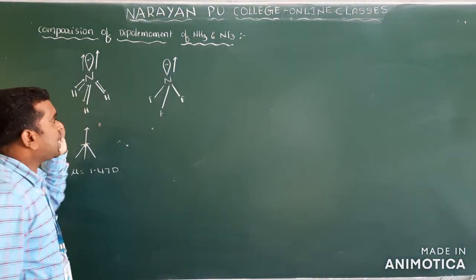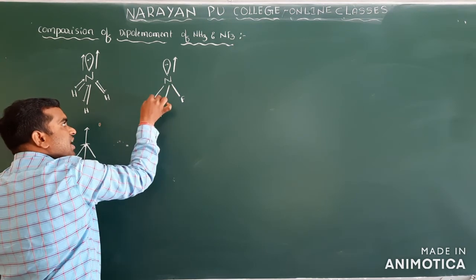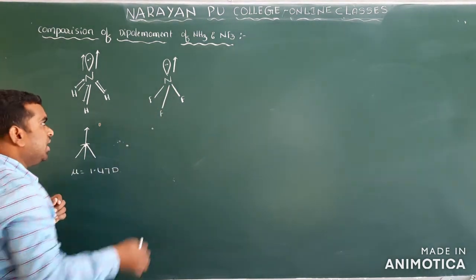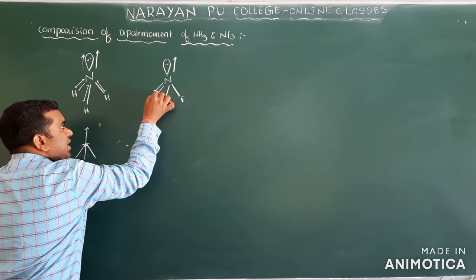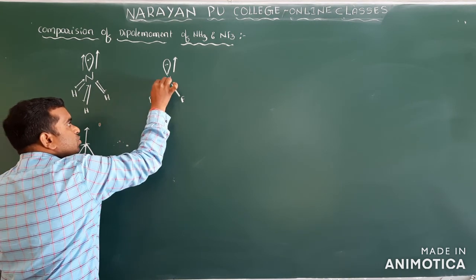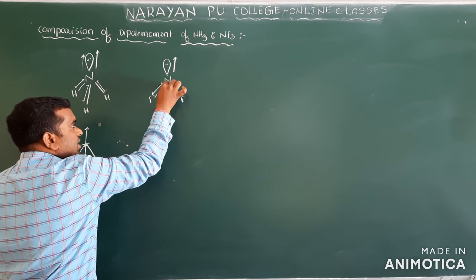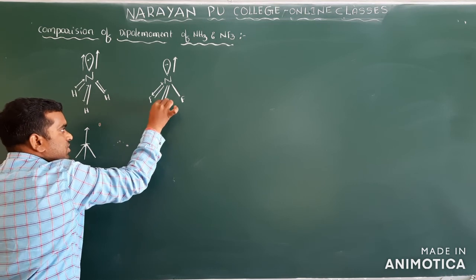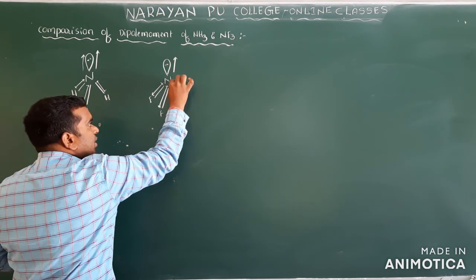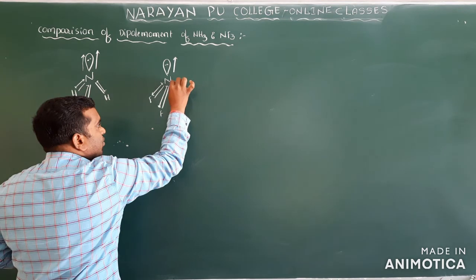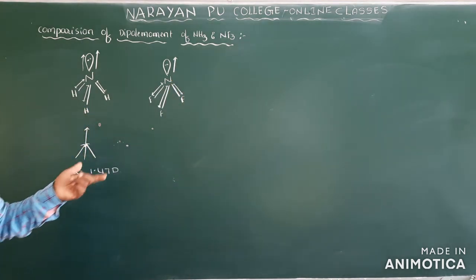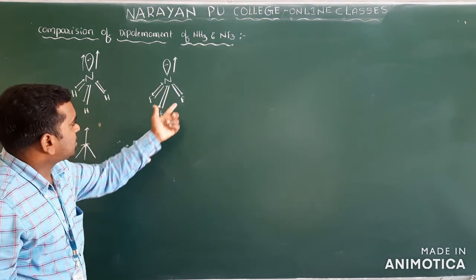Now see what happens in NF3. Between nitrogen and fluorine, fluorine is more electronegative than nitrogen, so the dipole moment direction of each individual bond is towards fluorine.